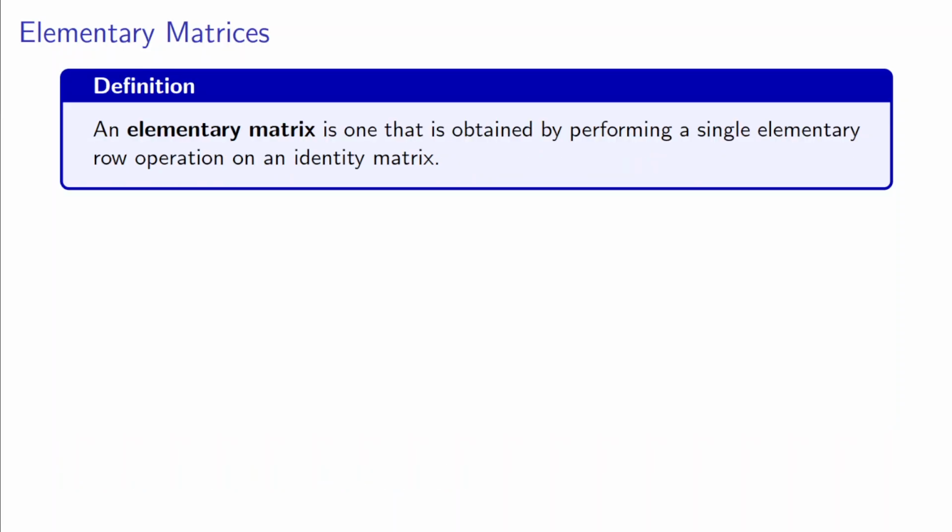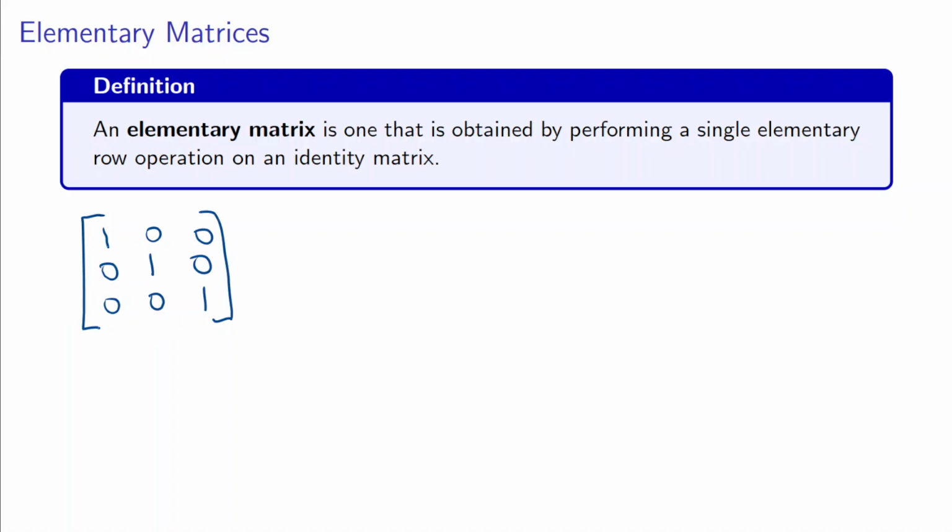To begin, we want to introduce the concept of an elementary matrix, which is one that is obtained by performing a single elementary row operation on an identity matrix. So let's look at some examples. If we started with the identity matrix, we'll do this for the 3 by 3 case, but this would work for any size square identity matrix.